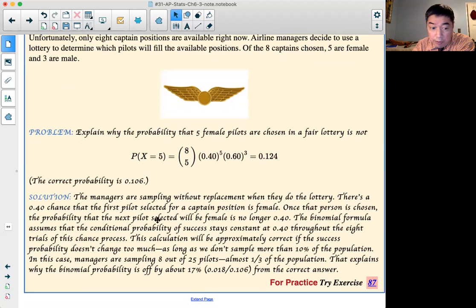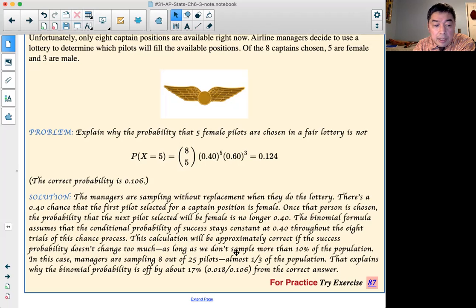The binomial formula assumes that the conditional probability of success stays constant at 0.40 throughout the 8 trials of the chance process. This calculation will be approximately correct if the success probability doesn't change too much, as long as we don't sample more than 10% of the population.